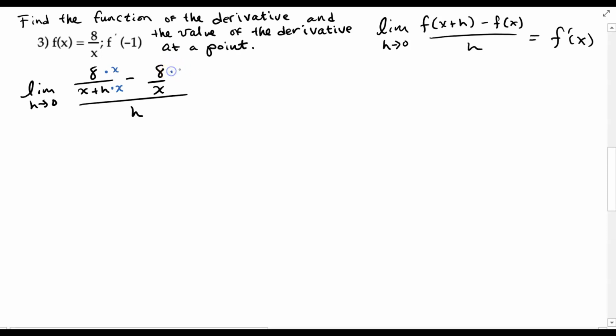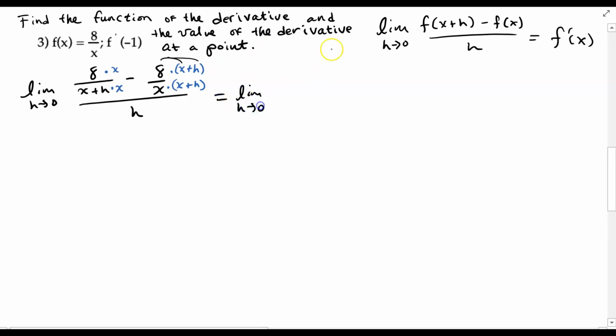And this guy over here, I'm going to multiply by x plus h over x plus h. So it's going to look something like this. And then, of course, I'm going to do some distribution, combining of like terms and all that good stuff. So that's next on my list of things to do here.